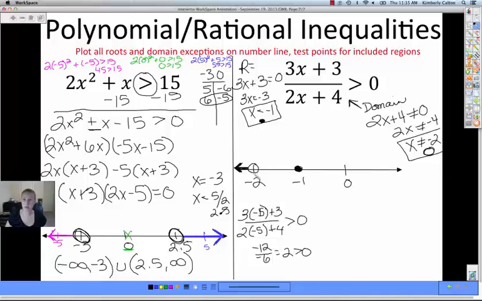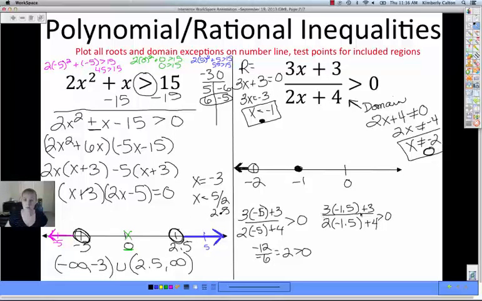Now we need to test a point between negative 2 and negative 1. So it makes sense that we would use negative 1.5. So we have 3 times negative 1.5 plus 3 divided by 2 times negative 1.5 plus 4 greater than 0.